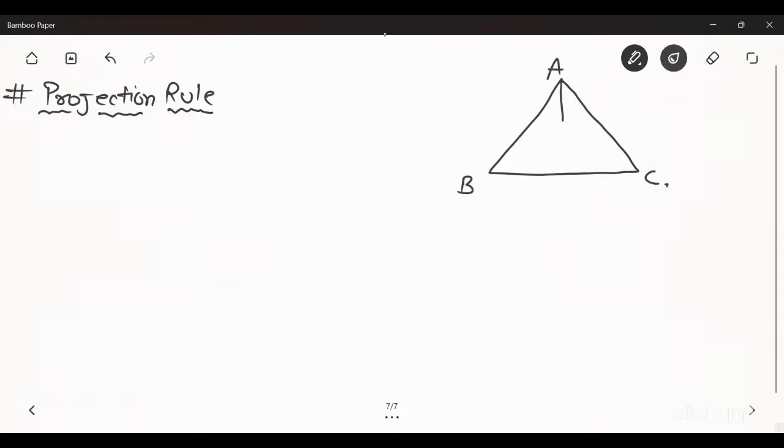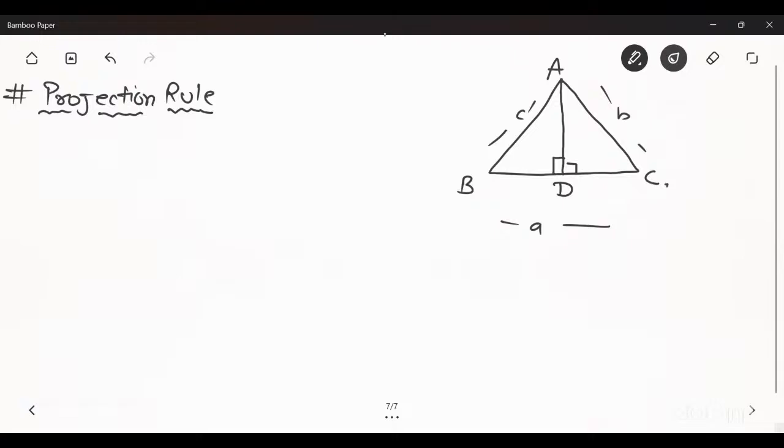Suppose this angle is projected to the side b at point D. Side opposite to angle A is a, side opposite to angle B is b, side opposite to angle C is c.